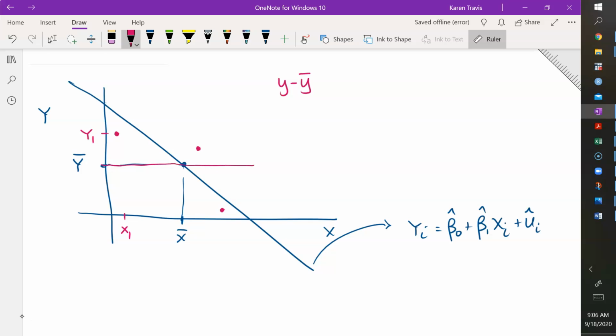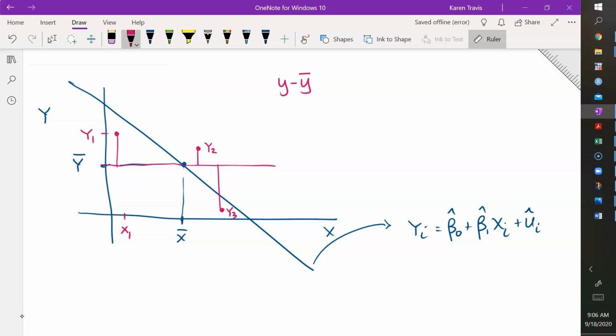and its distance from the mean. So the difference between y1 and y bar is there. The difference between y2 and y bar is here. And the distance between y3 and y bar is there.